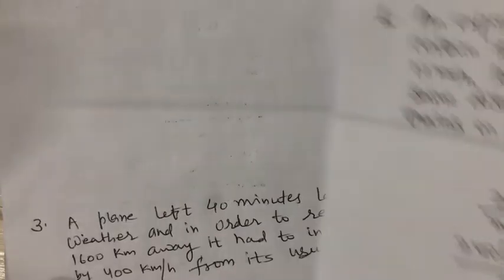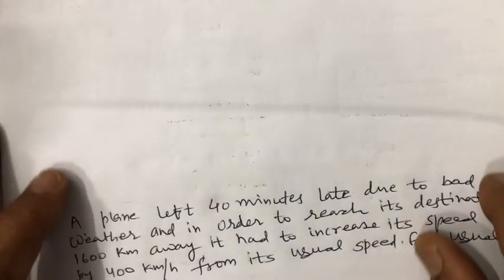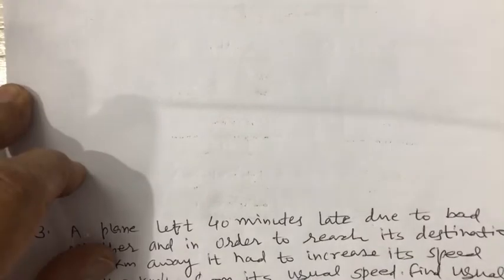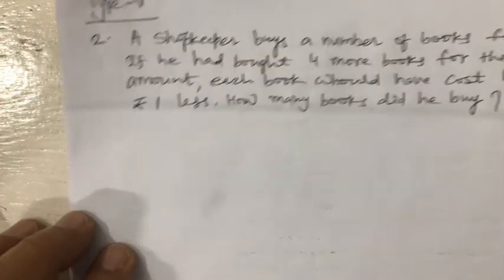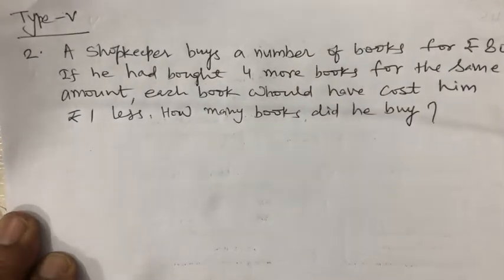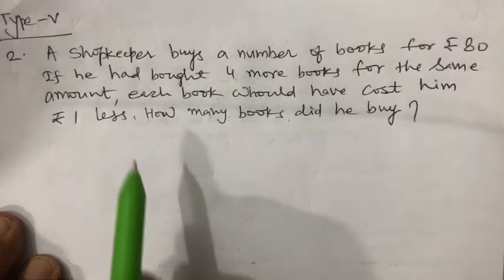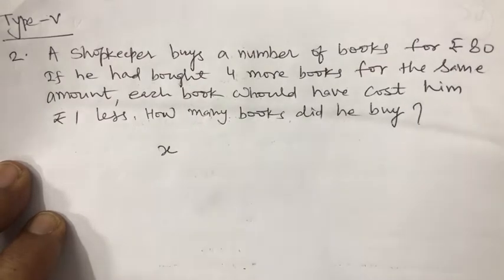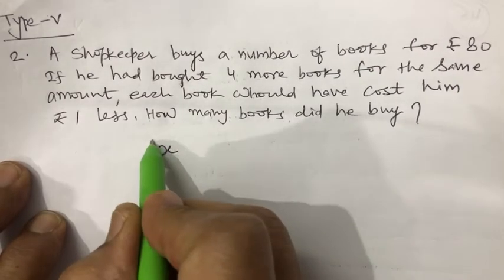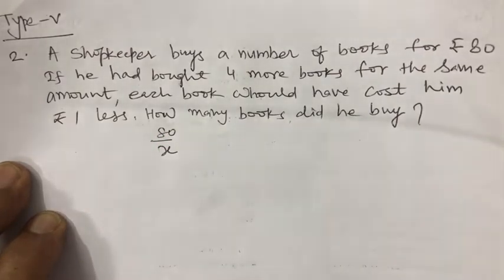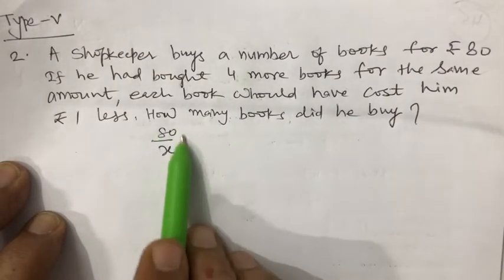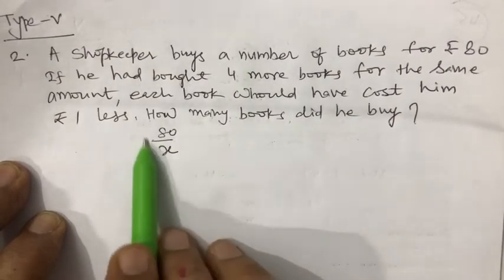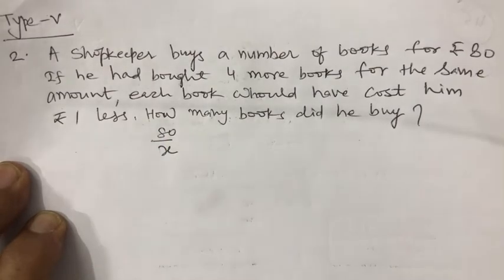Similar question, but this time it is not a train, this time a shopkeeper, but the pattern is the same. A shopkeeper buys a number of books, suppose x, for rupees 80. So the cost of each book equals 80 by x.